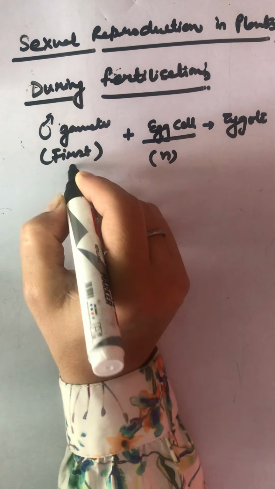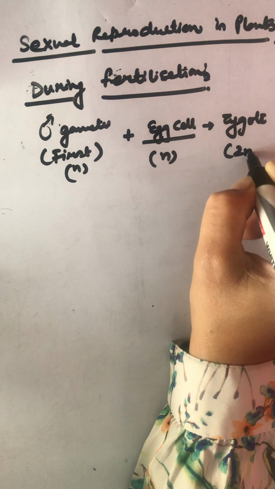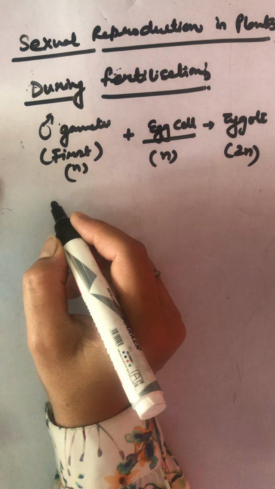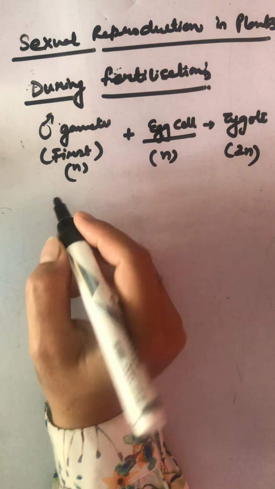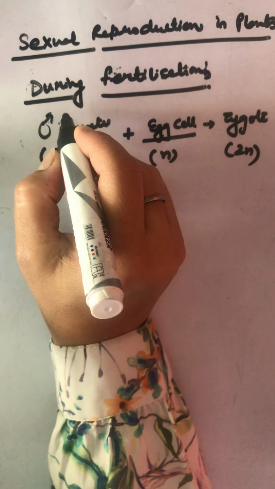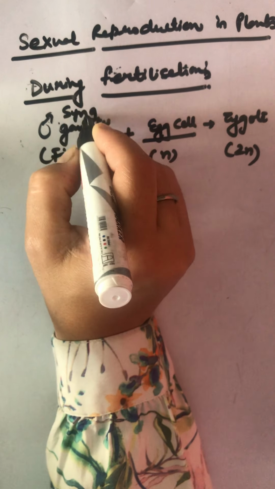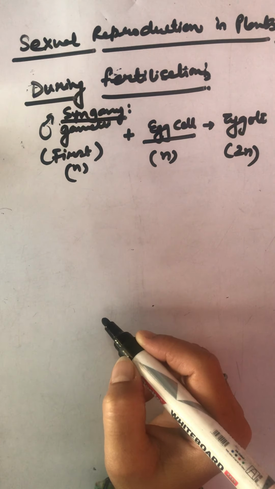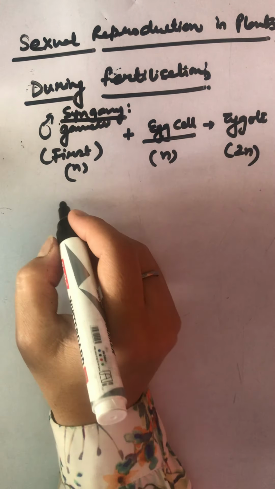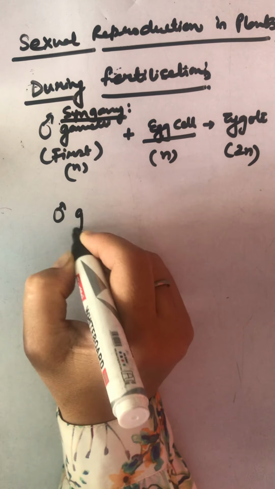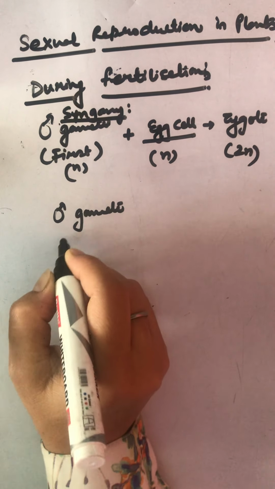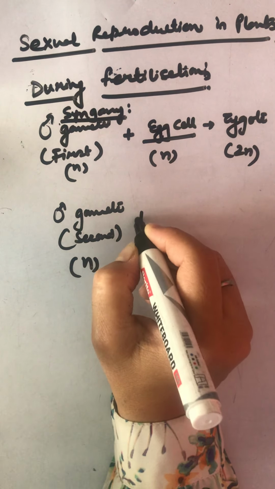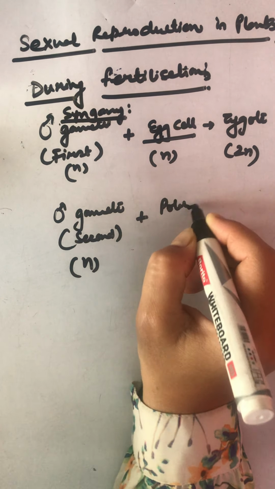So this is also N. This is also N. It will become 2N. This is a normal fusion that takes place in all the organisms and we call this syngamy. What do we call it? Syngamy. Second is when the second male gamete, ploidy N, fuses with the polar nuclei.